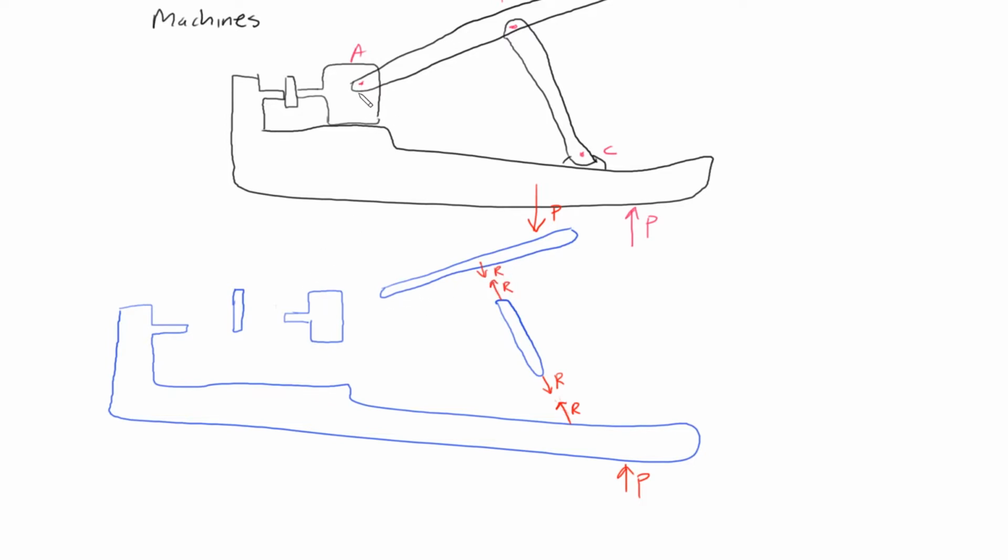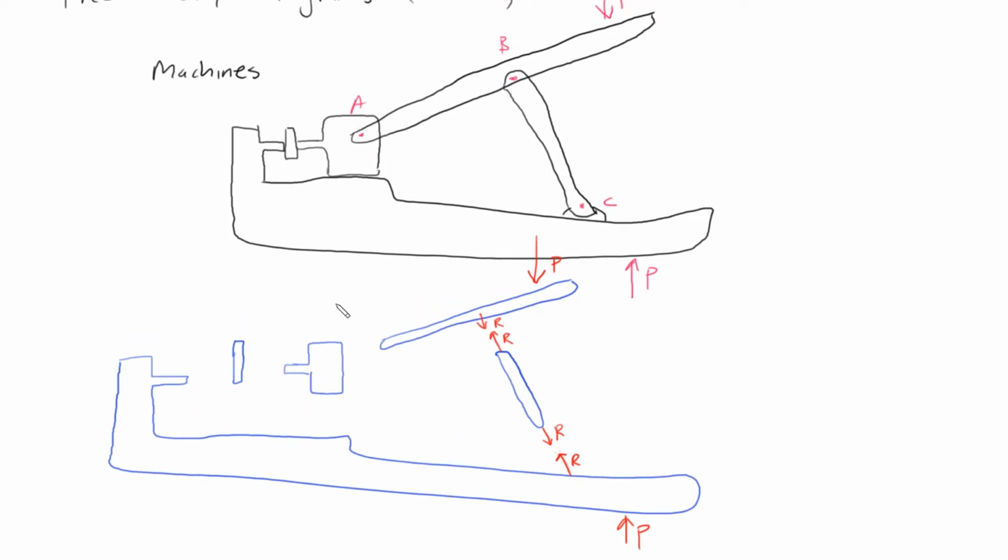And then this is going to be a pin, so that allows rotation. So what I'm going to do here is draw AY, the reaction force, in that direction, and AX in that direction. So we also have to apply the same idea of Newton's third law onto this bar, which is pointing in that direction and that direction, because Newton's third law says every force has an opposite force equal in magnitude.